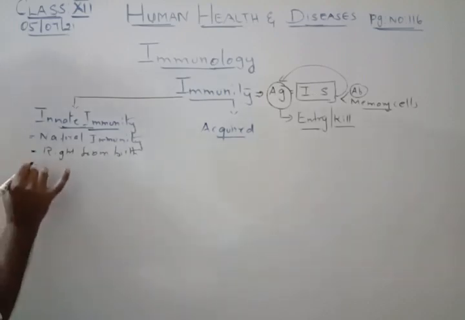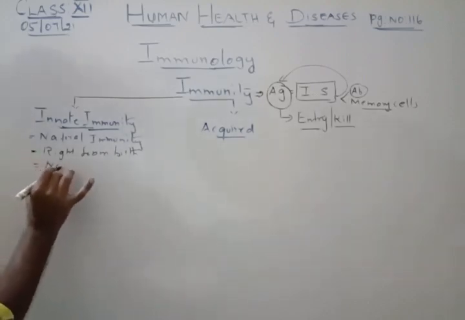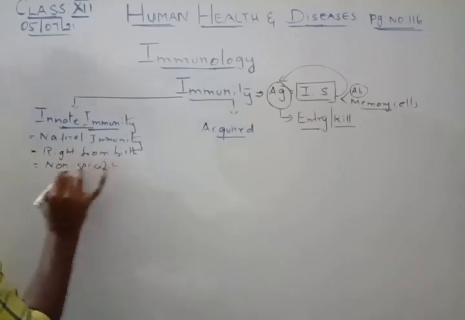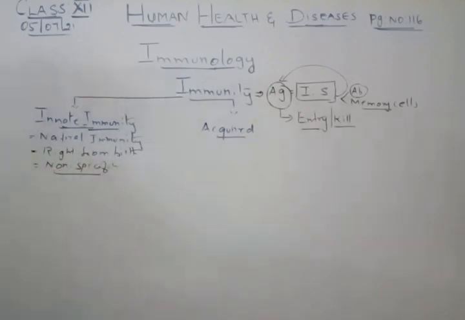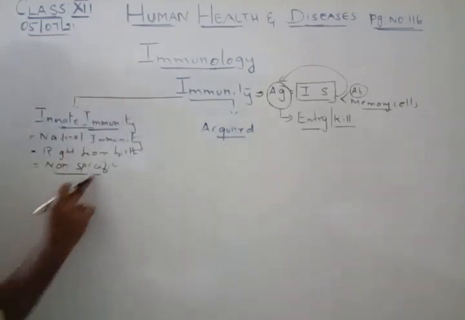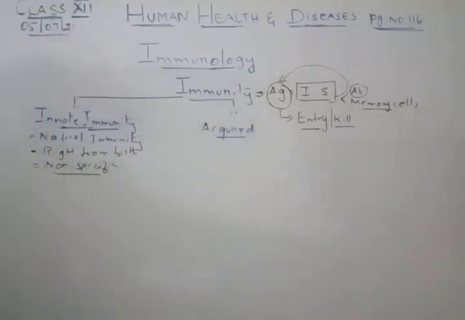And this immunity is also called non-specific. Non-specific means it will not fight or prevent only a particular antigen. It has the potential of fighting any type of antigen. That is what non-specific immunity is.